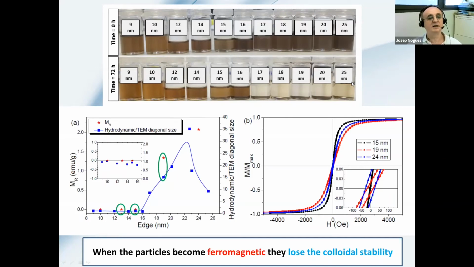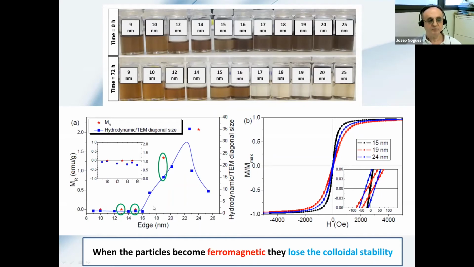So to check that, what we did is to measure the hydrodynamic ratio, which, rather than measuring the particles as we do in the TEM, measures the size of the aggregates if there are any. So here you can see in blue, this is the hydrodynamic size divided by the TEM size.